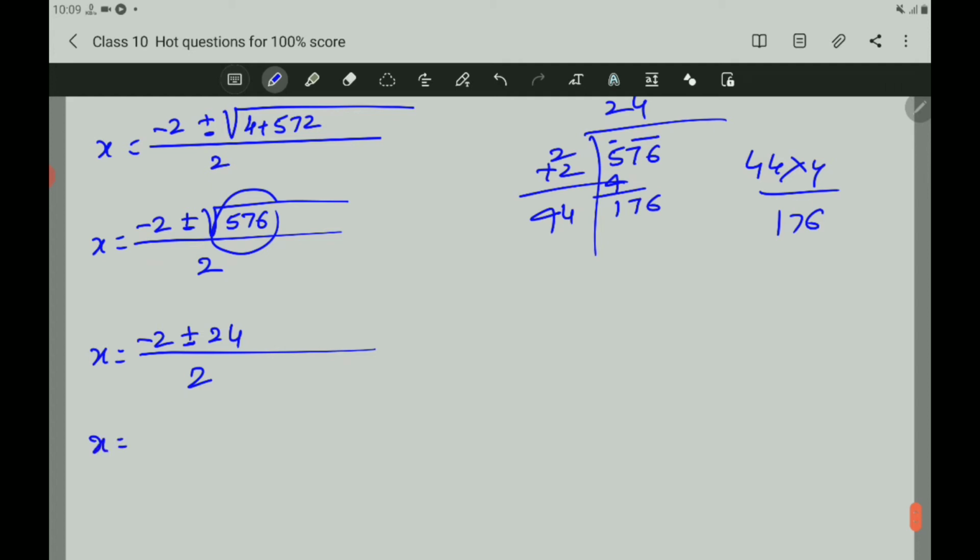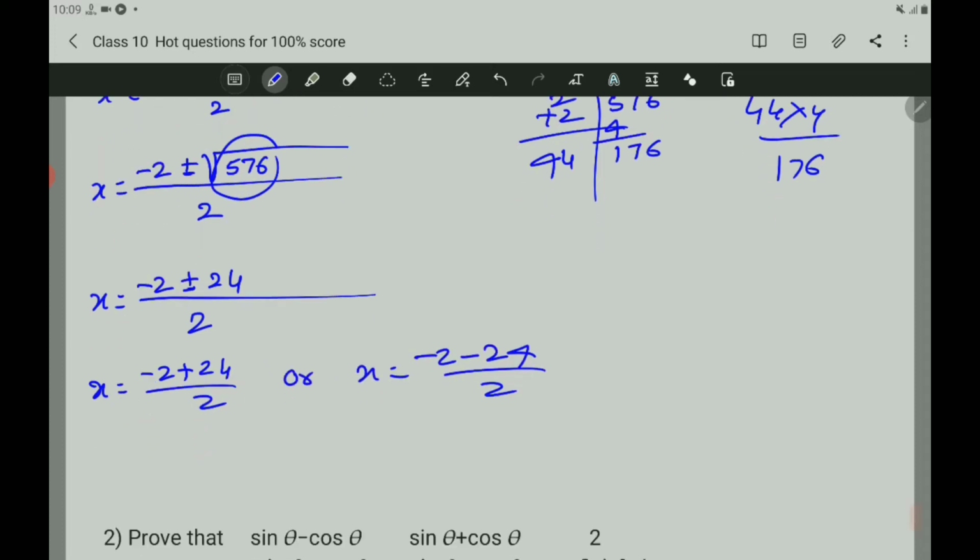Then x equals minus 2 plus or minus 24 by 2. So you can write x equals minus 2 plus 24 by 2, or x equals minus 2 minus 24 by 2.